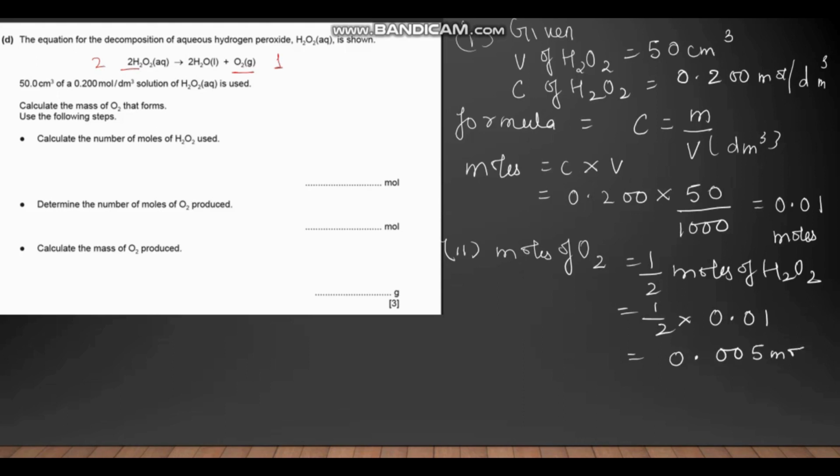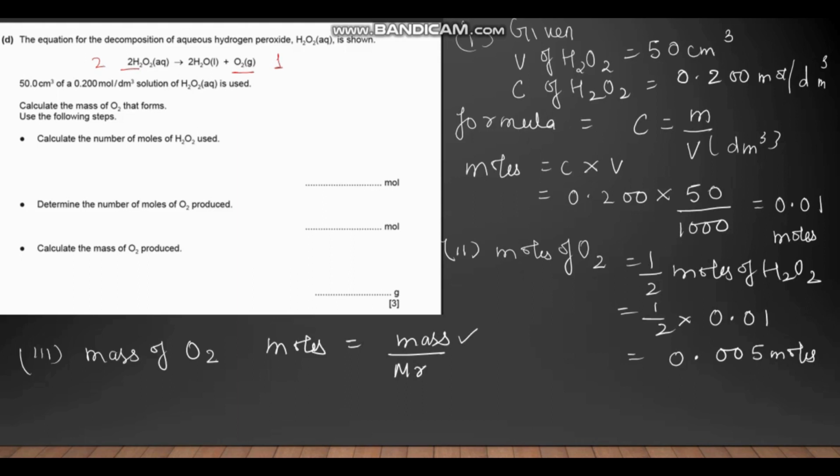So the answer will be moles of oxygen is 0.005 mole. Now coming to the third part of this question, calculate the mass of oxygen produced. Here the formula used will be moles equals mass upon molar mass, the relative molar mass of the substance.